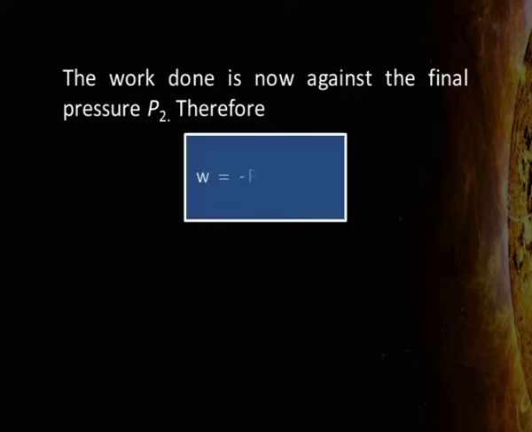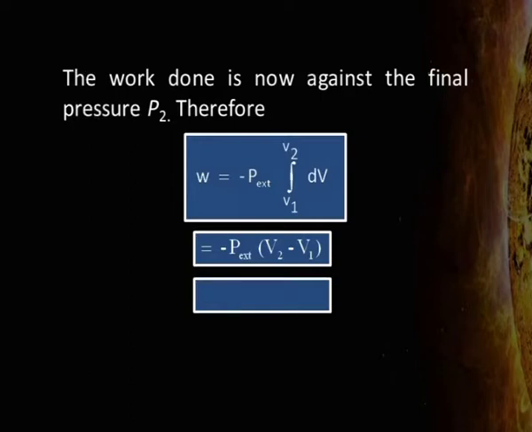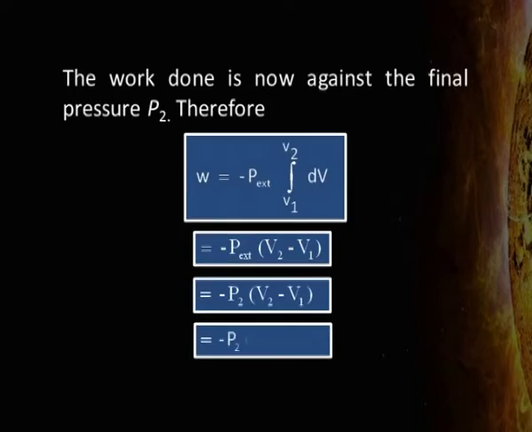Therefore, W will be equal to minus P external into integral of dV within the limits of V1 and V2. Therefore, we will get W equal to minus P external into V2 minus V1, or we can say W equal to minus P2 multiplied by V2 minus V1, or W equal to minus P2 dV.